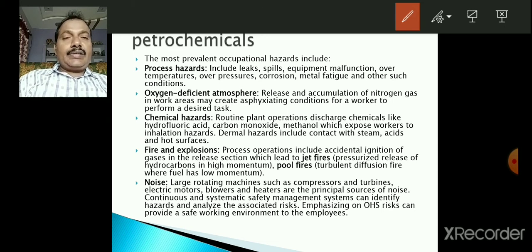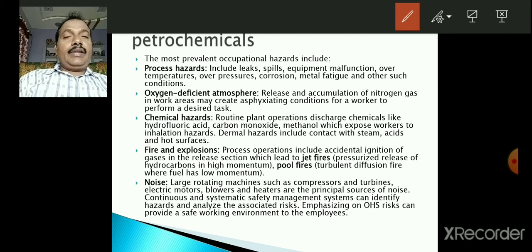Whenever process hazards occur, explosion of the particular equipment may take place, or it may trigger some other process for dangerous conditions. So these must be taken care of.